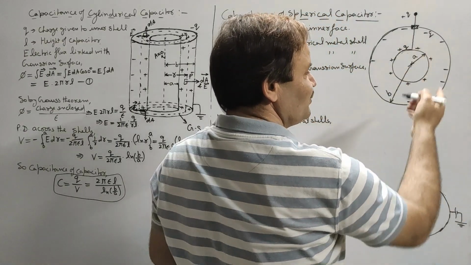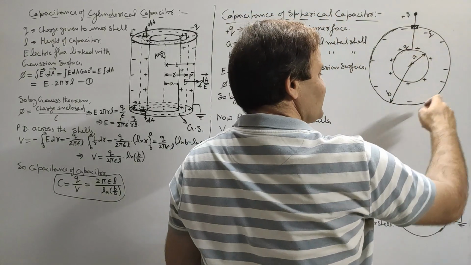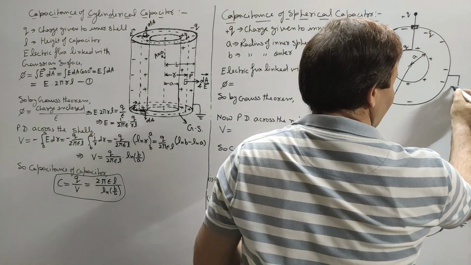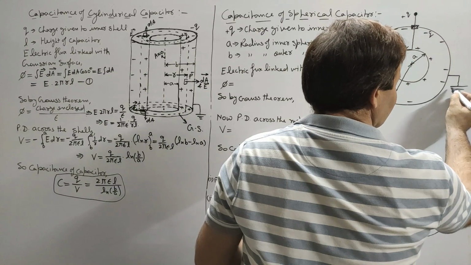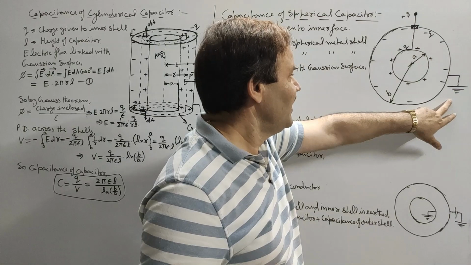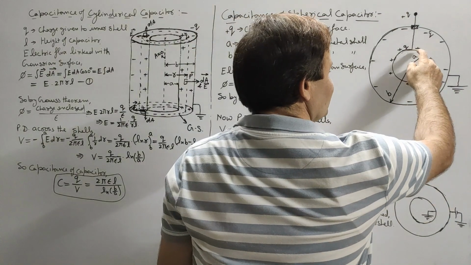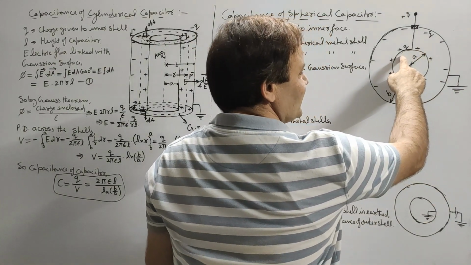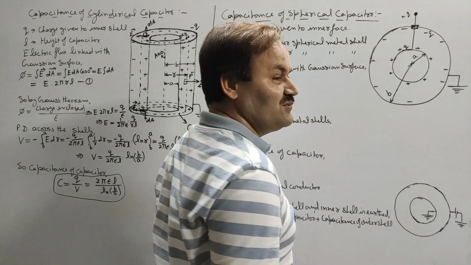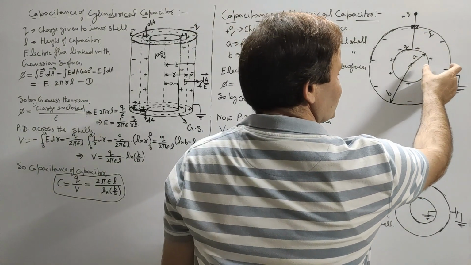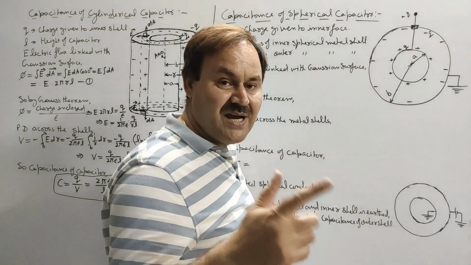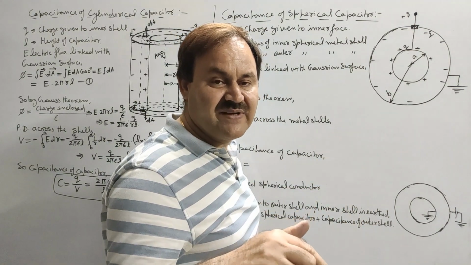and same amount of plus Q on the outer face of outer shell. But outer shell being earthed, the positive charge induced at the outer face will be neutralized by the earth. So these two charges, plus Q on the outer face of inner shell and minus Q on the inner face of outer shell, will produce a potential difference across the shells, and we have to determine that potential difference.